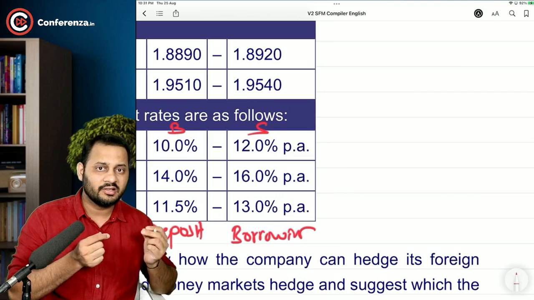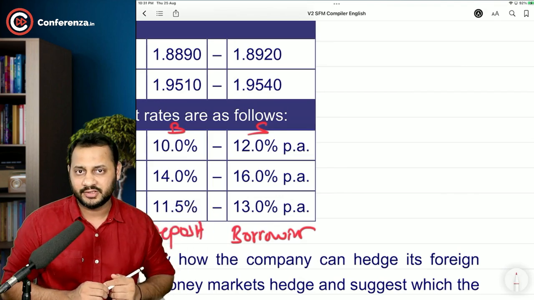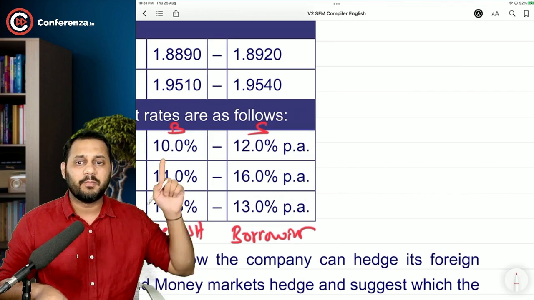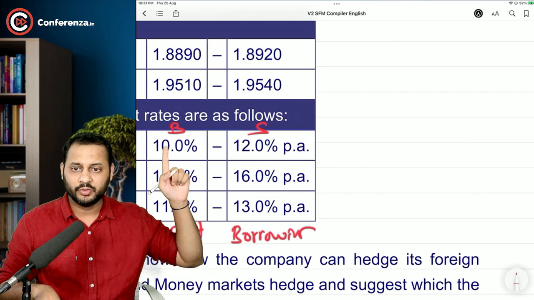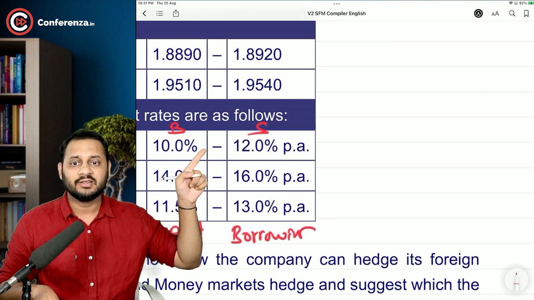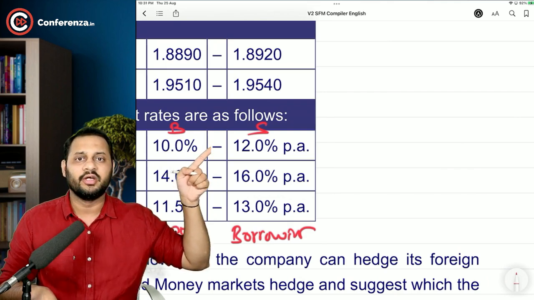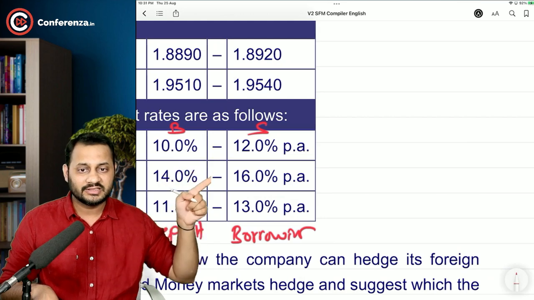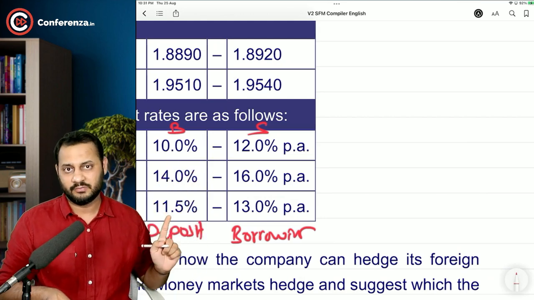Once you understand how the bank does business, it will be very easy for you to pick the rates. The bank will always take deposits from you and pay less interest, and the same deposit will be given to someone else as a loan, and they will collect more interest on that. So 12%, 16 and 13 is the income to the bank. This is the outflow of the bank.